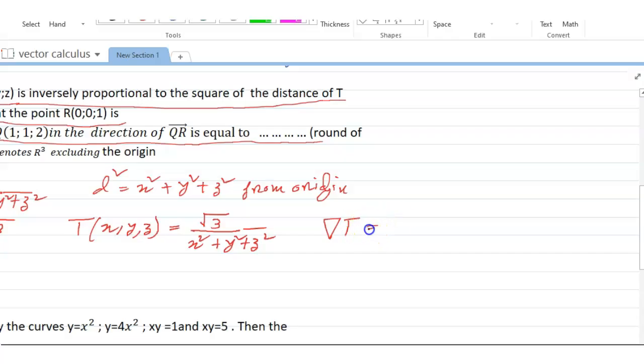Del T is equal to ∂T/∂x i cap plus ∂T/∂y j cap plus ∂T/∂z k cap.